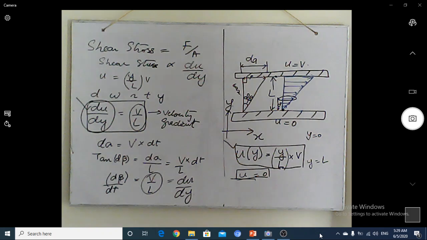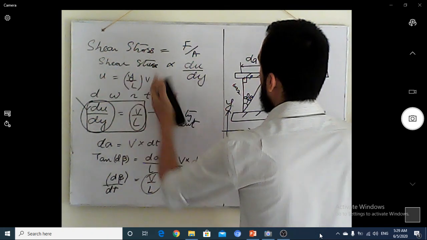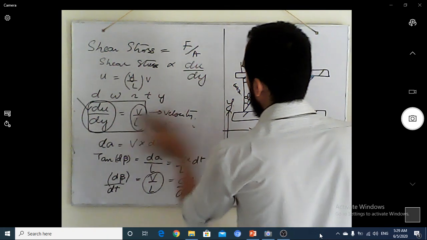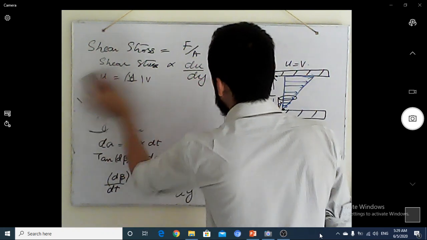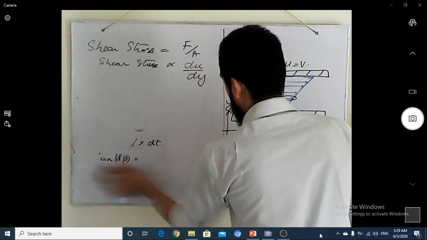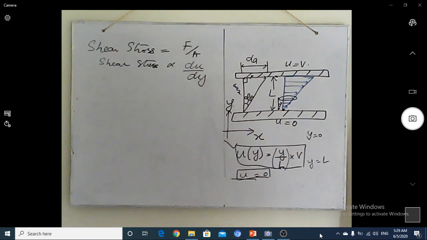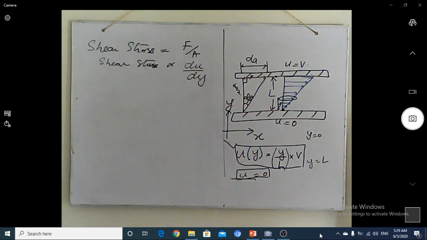But if we are dealing with liquids, the relation that shear stress is directly proportional to strain is the equation for solids. For solids, in the equation of shear stress and shear strain, we consider the Young modulus.